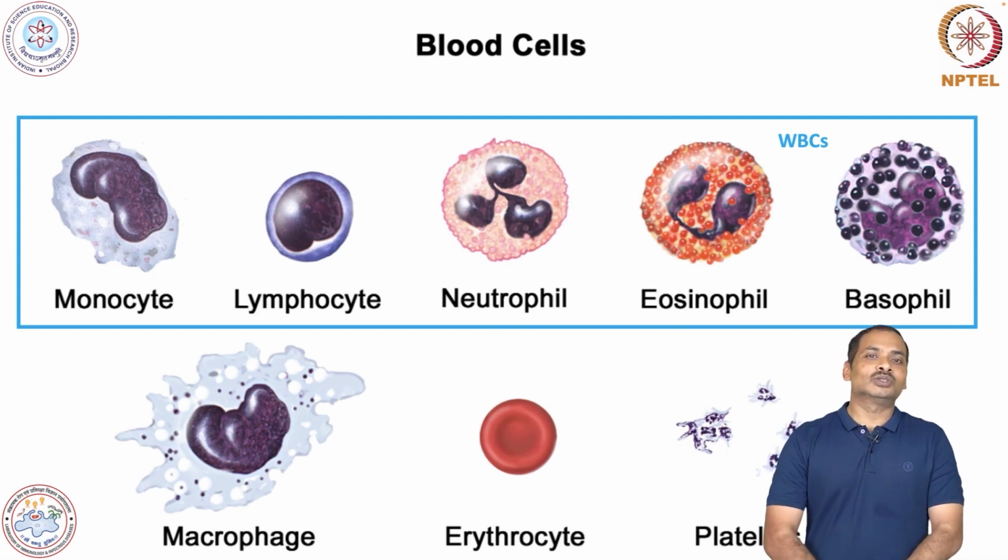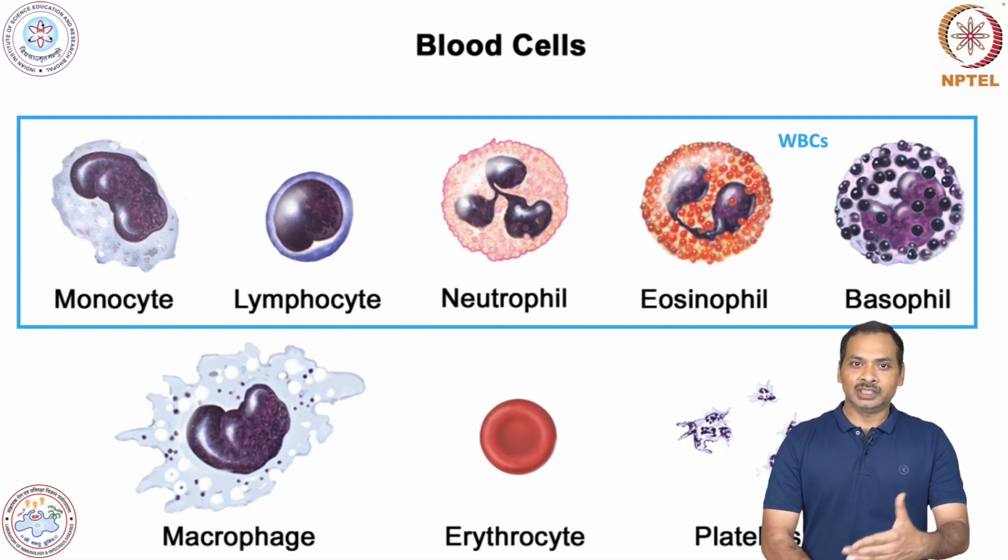And if something goes wrong in these cells, then what kind of problem will arise in the individual, or we basically call it some kind of immunodeficiency. If there is some mutation in some very critical genes, then that results in the development of some kind of disease. We will discuss all those things.